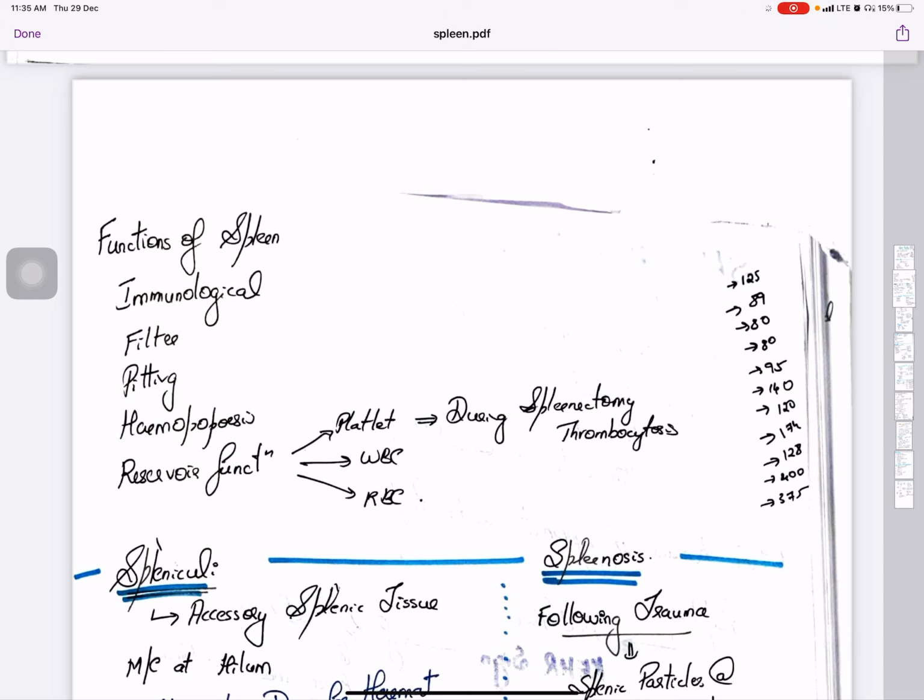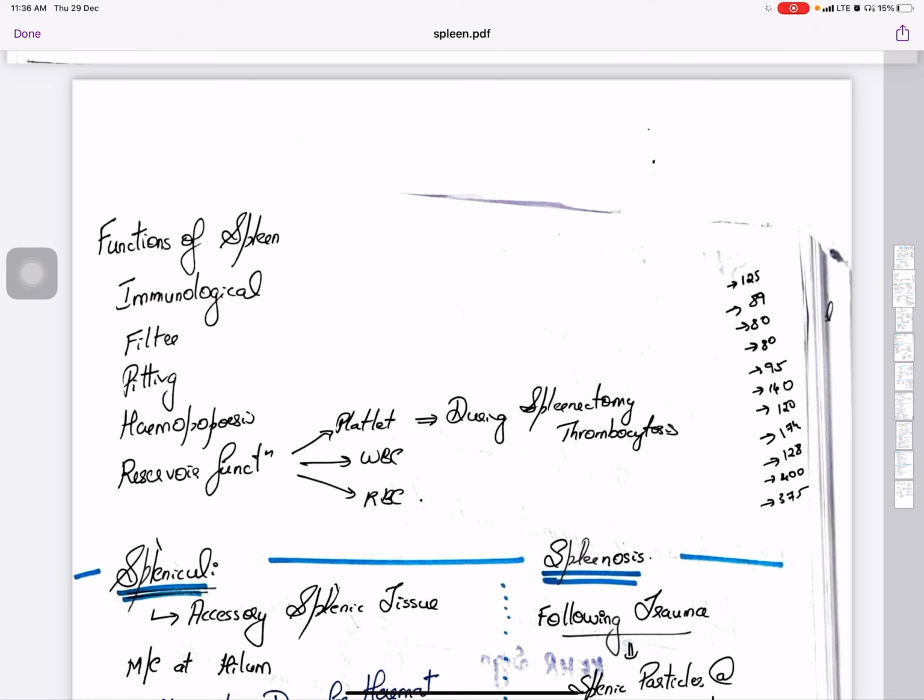Then we have filtering and pitting. We also have something called culling, which is removal of abnormal, age-damaged RBC. Production of RBC in fetal life. It acts as a reservoir for platelets, RBC, WBC. Reservoir and filtering of Heinz bodies, all that stuff. Okay, that much is enough.